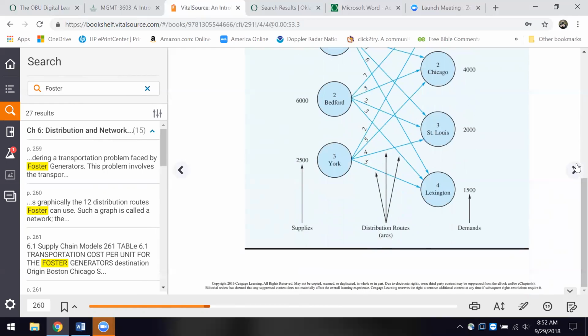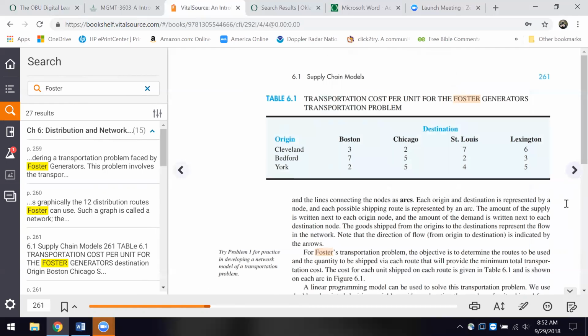Okay, and then we see these transportation costs per unit. We're using that model, and as we walk over, they give us a tabular view of that. All right, and this again is one of those what we call northwest corner or transportation types of problems. So you can see we essentially are trying to minimize that cost.